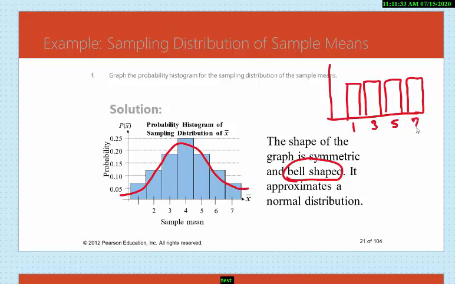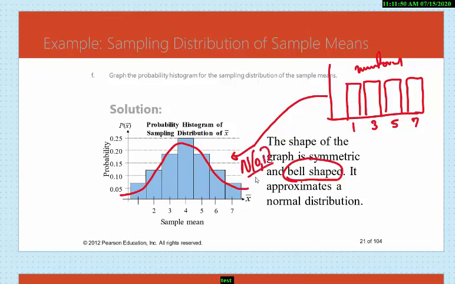So we started with a uniform population distribution, and with the translation that we did through the sampling distribution, we managed to create a sampling distribution that is what? It is normally distributed, okay?